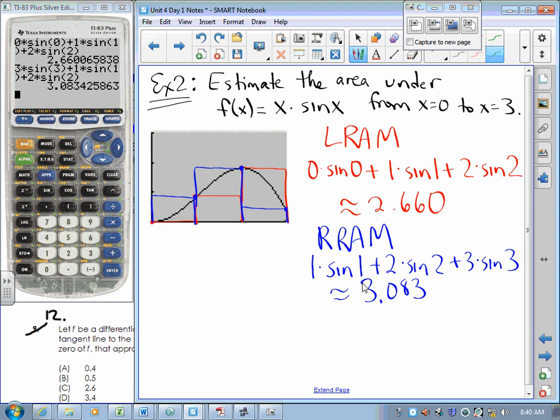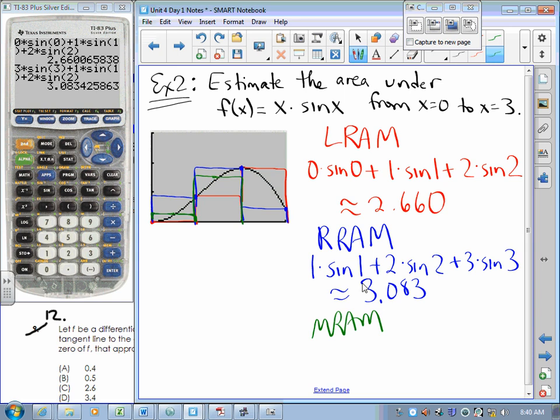Now, of course, some people want to use a midpoint rectangle approximation method. In a midpoint rectangle approximation method, we say, okay, between 0 and 1, I want to use the height at 1/2. I'm going to let that drive the rectangle height. Between 1 and 2, I'm going to use 1.5.